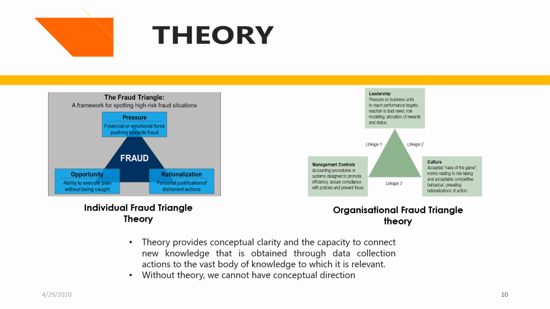So in this example, for the first theory, individual fraud triangle theory, the unit of analysis must be individual. Whereas on the right side, the unit of analysis should be organizational.